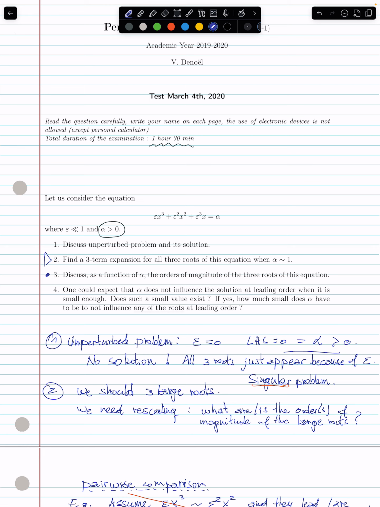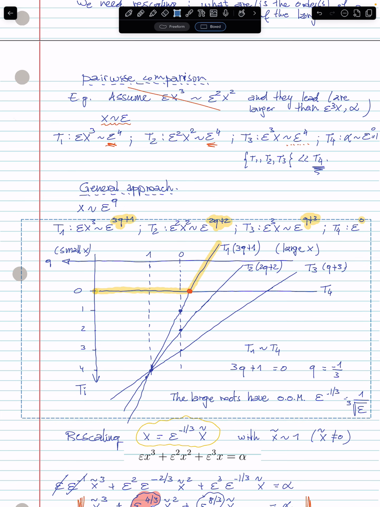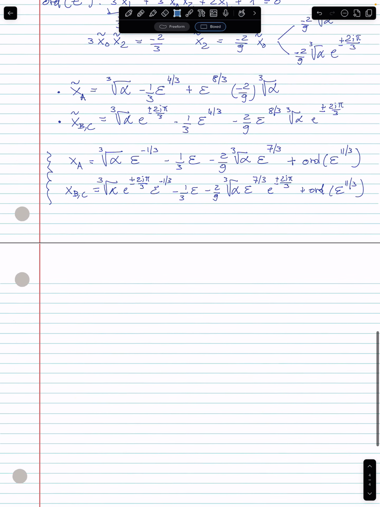So if alpha is no longer of order 1, the order of magnitude of the different roots can change. In order to understand this, I would suggest we use our brain on this sort of graphic representation. Copy this and paste it over here.